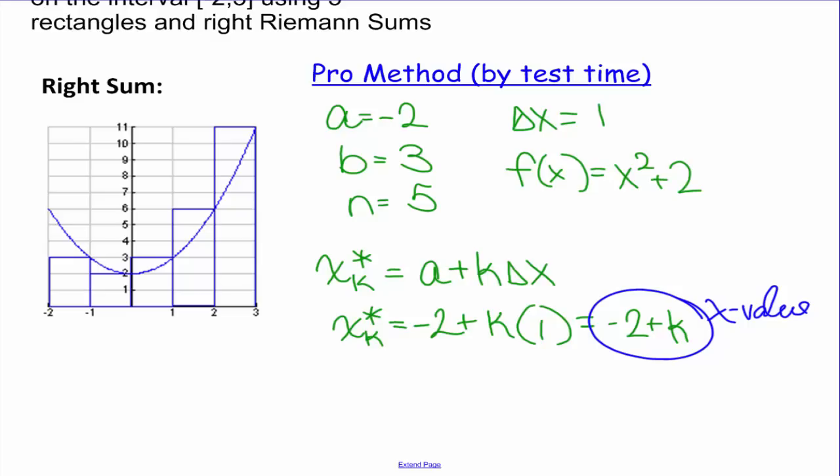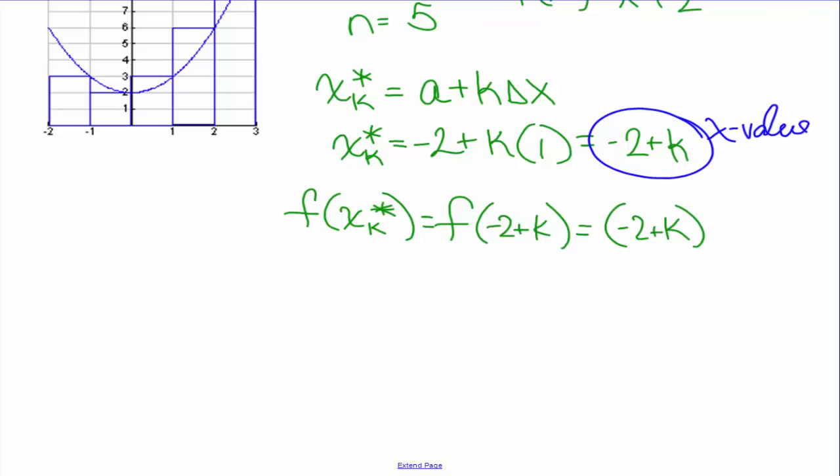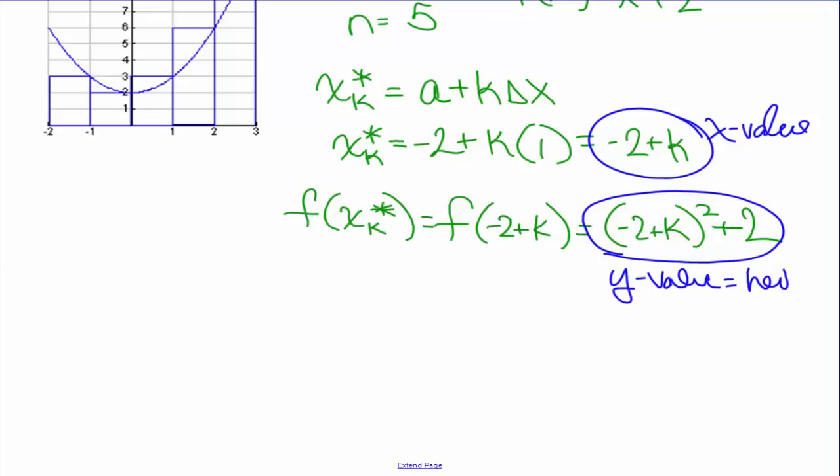Okay, so then the next step is to find the height. And we do that by taking our x value and plugging it into our function. So we're going to find f of negative 2 plus k, which is (negative 2 plus k) squared plus 2. So this is your y value, or your height.